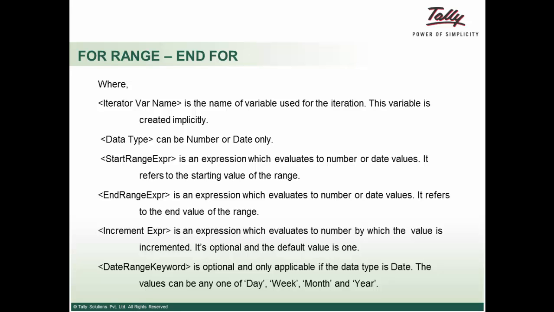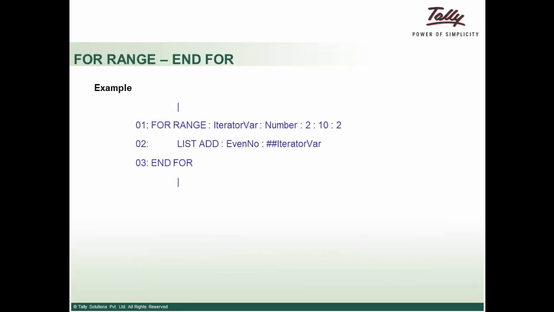So we have an example here where you want to get all the even numbers from 2 to 10. So we've given for range, it's a multiplication of 2 basically.